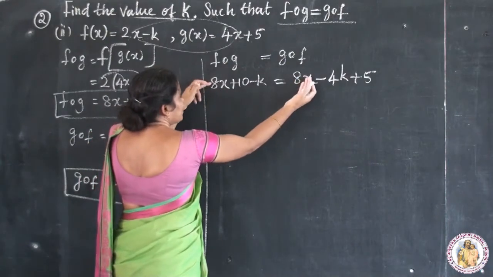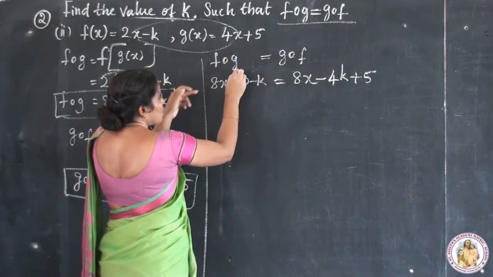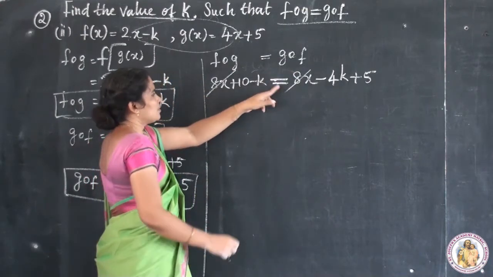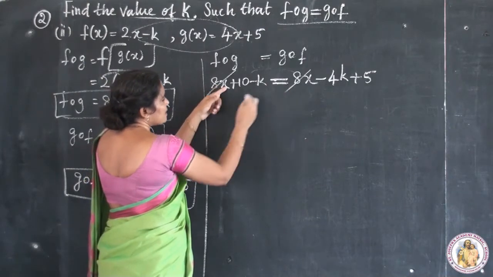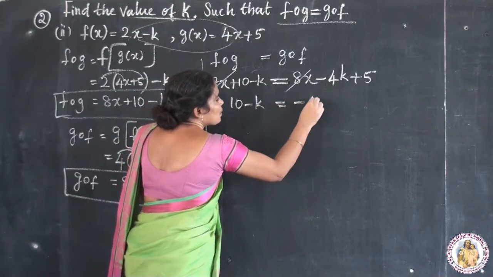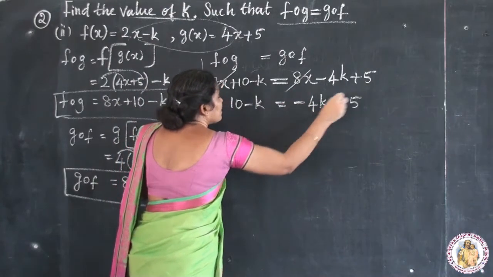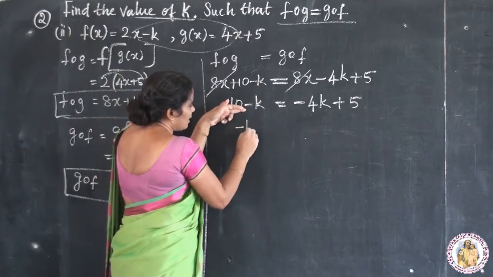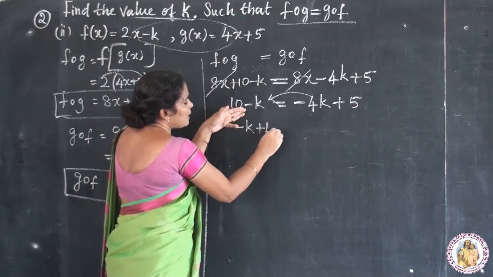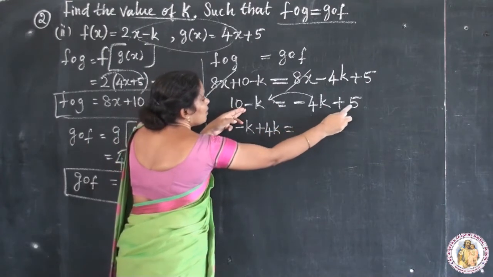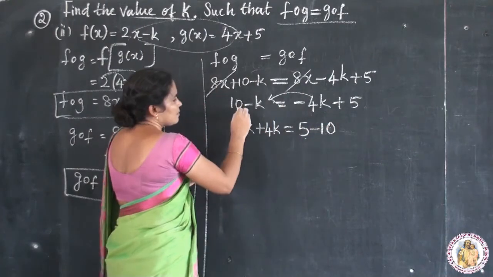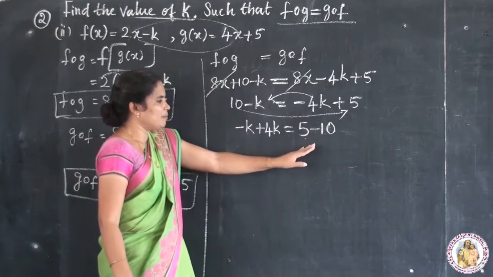If you take plus 8x to the left side, it will become minus, so plus 8x minus 8x cancel because of equal to. We have 10 minus k is equal to minus 4k plus 5. If minus 4k comes to the left side, it will become plus 4k, and plus 10 will become minus 10.